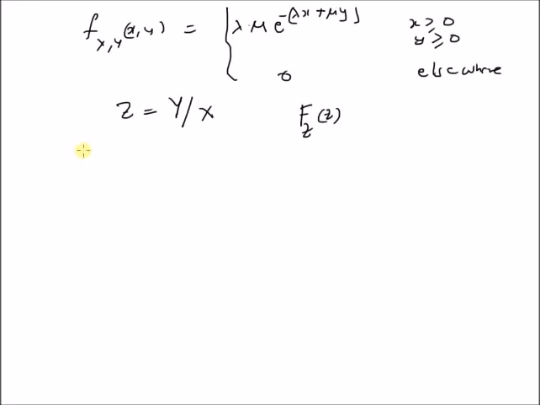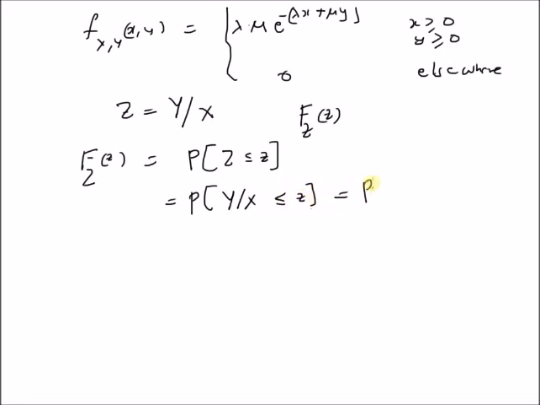By definition, the cumulative distribution function, that is CDF of z, is defined as the probability that the random variable z is less than or equal to small z, that is a realization z. From this definition, z equal to y by x, so we have the probability that y divided by x is less than or equal to small z.